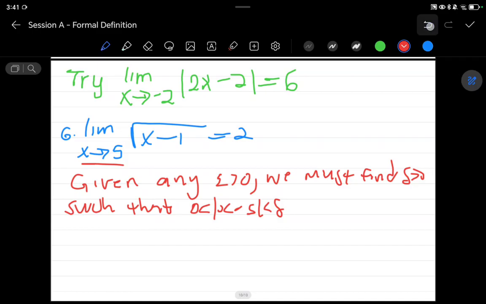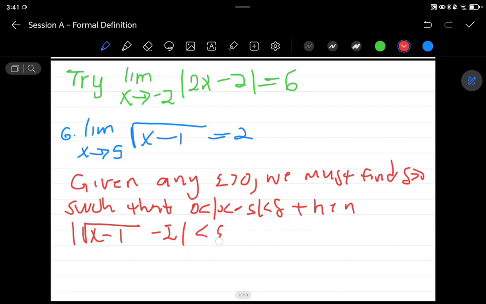From this, if we take 5 to the other side, we write the absolute value of root of x minus 1, which is our f of x, minus L, which is minus 2, is less than epsilon.